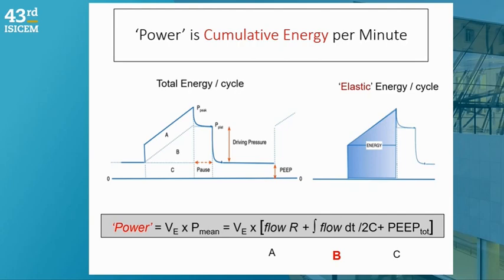Power is cumulative energy per minute, as I just mentioned. Power, then, is minute ventilation times the average pressure, the mean pressure, and it has the same components as the individual cycle. But the factor here is minute ventilation, which includes not only volume, but of course frequency.